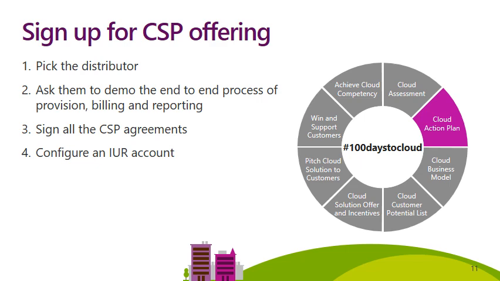In my experience working with our disti, I spent about 1.5 months before I was sure they were the right fit for us, and we signed the CSP agreements with them. Try to keep the conversations focused on the execution of the CSP so you won't stumble when the customer implementation comes around.